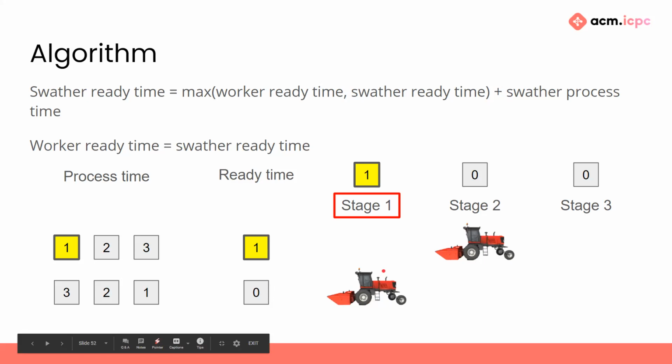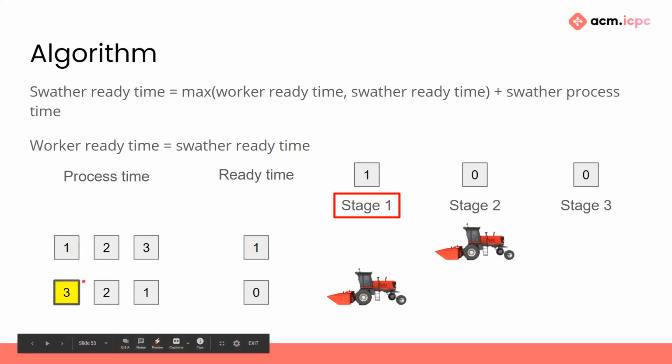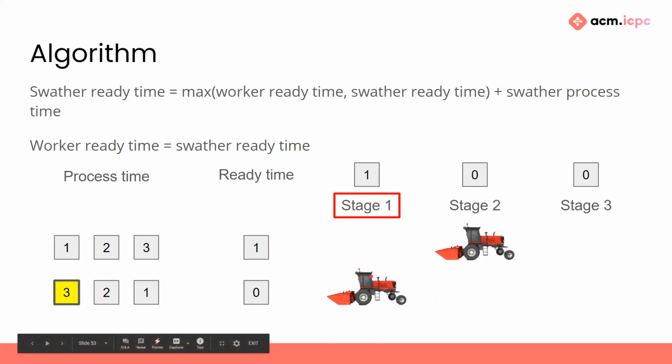And it takes 3 minutes to process the second swatter. And notice that the swatter is already ready, right? It's ready at time 0, and currently after working on the first swatter, it's time 1. So the second swatter is ready.